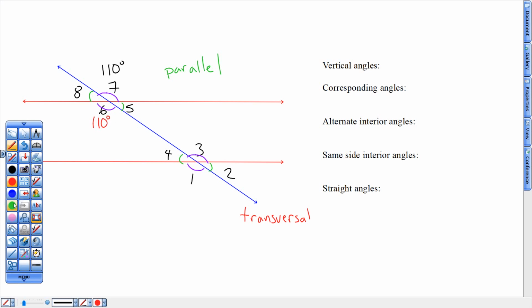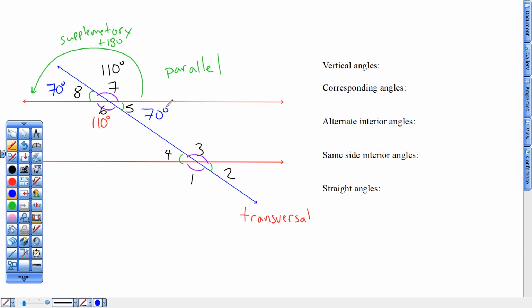If, of course, that's 110, the angle right next to it, what we call supplementary, which means add up to 180. If I know half, the other half, of course, would have to be the part that makes up 180. 180 minus 110, this angle would have to be 70. And of course, if that's 70, then this one right here is 70.